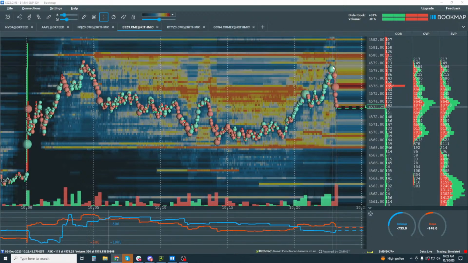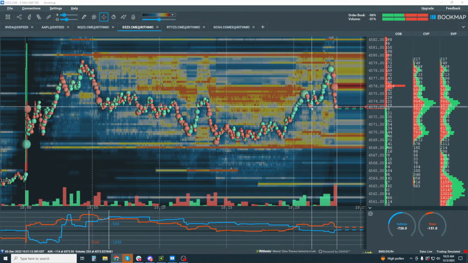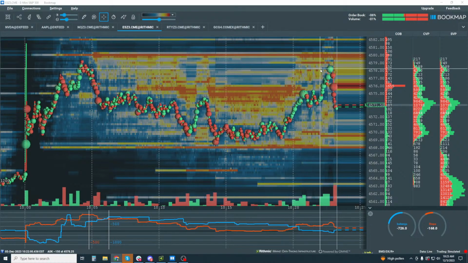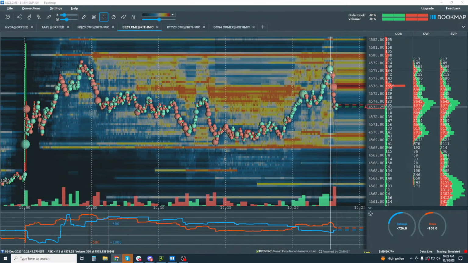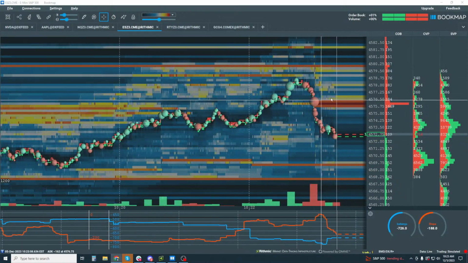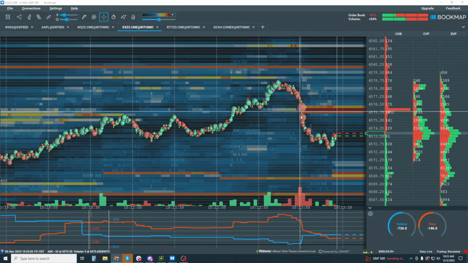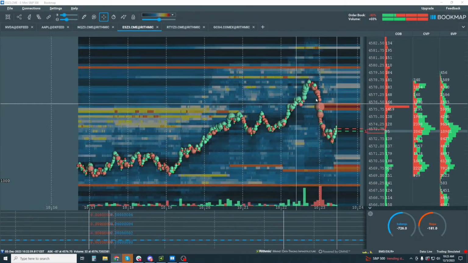Boy, you can't even get to 80. Yeah, this is some back and forth stuff going on in here. And then you can see this high liquidity that just came in here after the selling had come in.